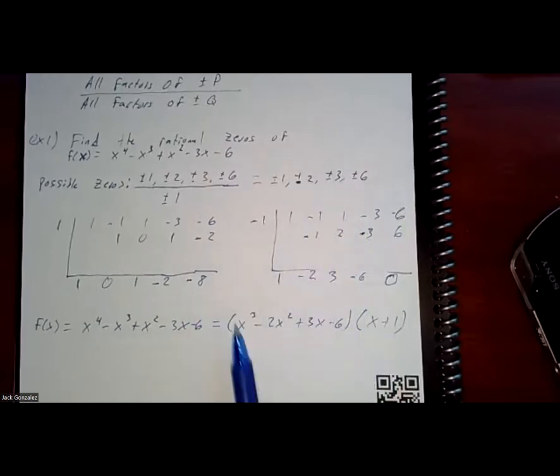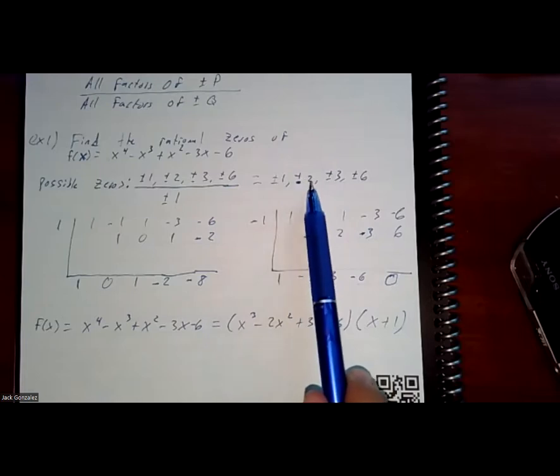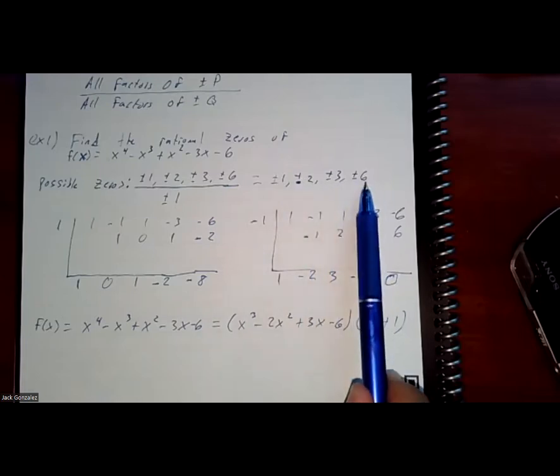Any questions up to this point? So the possible zeros are 1, negative 1, 2, negative 2, 3, negative 3, 6, negative 6. All of these are possible.